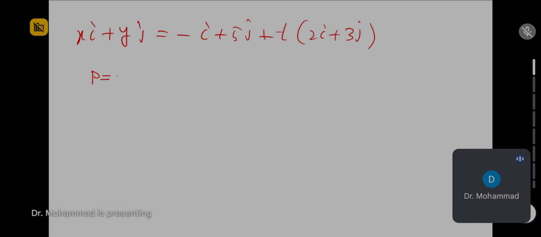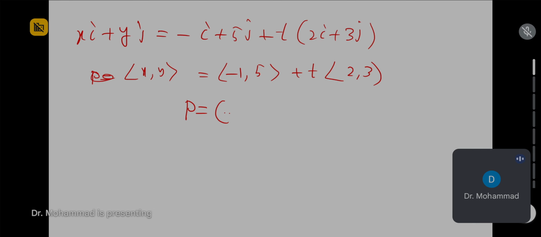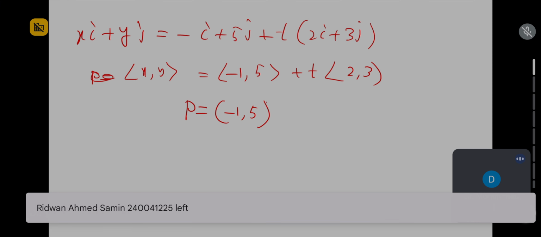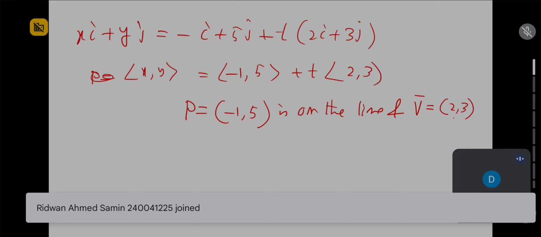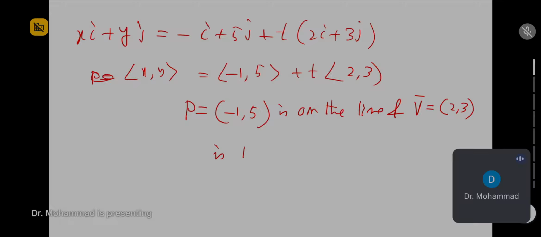Please tell me what is P. If you wish, you can write this is x, y, minus 1 and 5, and this is t, 2 and 3. So this is basically our point P. P is minus 1 and 5, okay, is on the line. And what is our V? V is our 2, 3, is parallel to the line. Am I right?